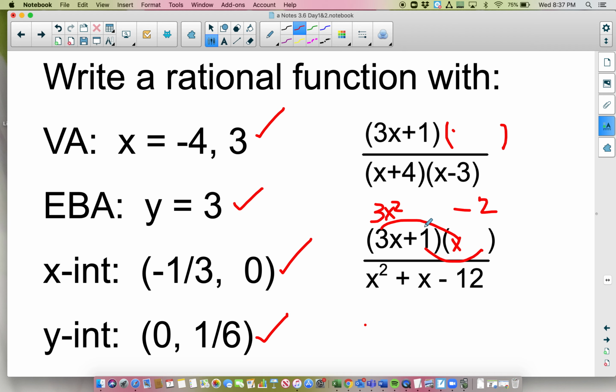So if this is a +1, this needs to be a -2, so that when you FOIL, you get the -2. And then you don't actually have to FOIL that out, but if you wanted to finish, now my outer is going to be -6 plus my inner of 1, so that middle term would be -5x if you want to FOIL, but you don't have to. So really, you could just leave your expression like this. You don't have to FOIL the denominator either. It was just maybe necessary to see key pieces.